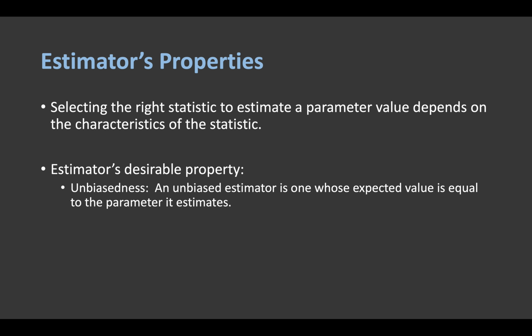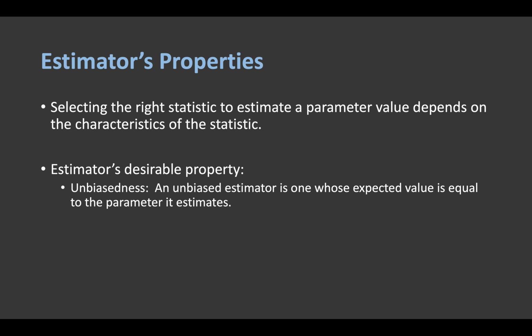For an estimator, the desired property is always unbiasedness. An unbiased estimator is one whose expected value is equal to the parameter it estimates, no matter whether it is the mean, the variance, the standard deviation, or this can be the median, the mode, the 50th percentile, 75th percentile, all those, right?